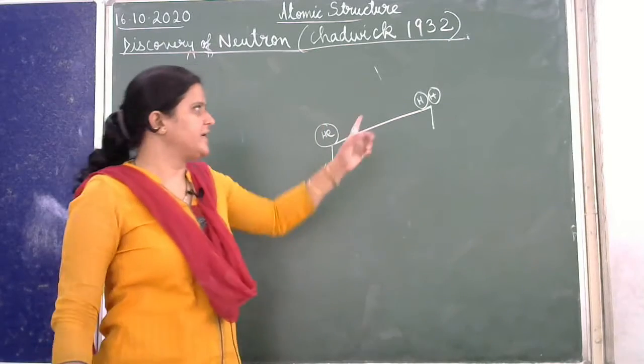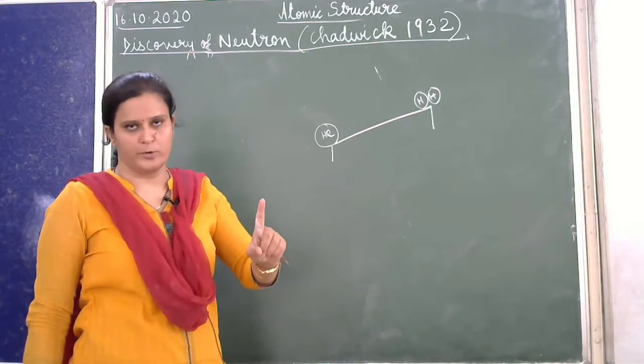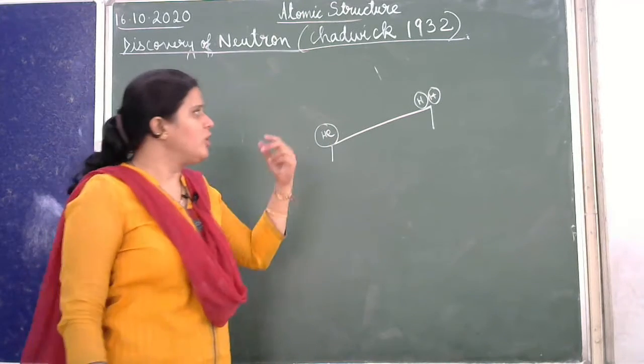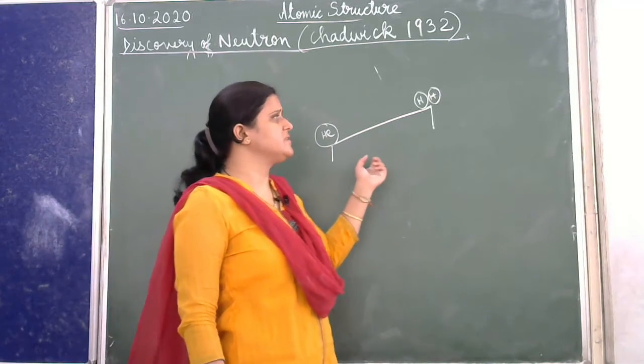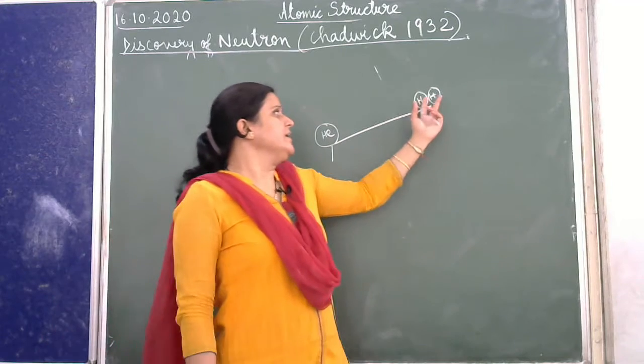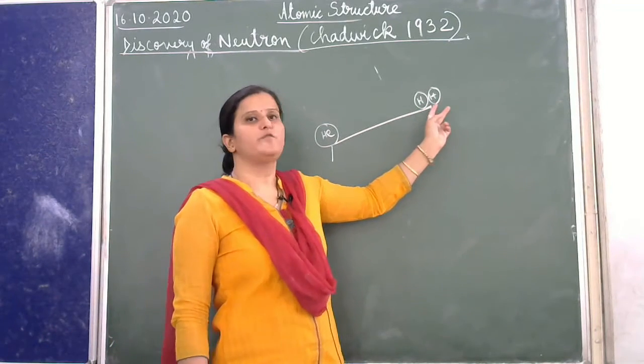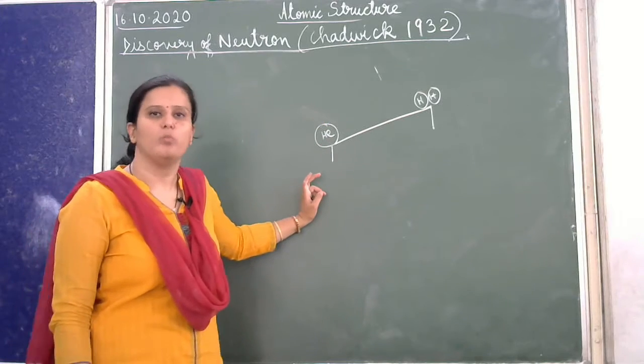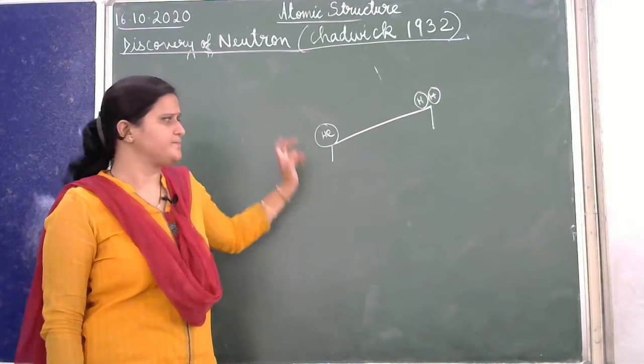Because you know that a hydrogen atom has one proton and a helium atom has two protons, he suggested that the weight of two hydrogen atoms should be equal to the weight of one helium atom. Isn't it?